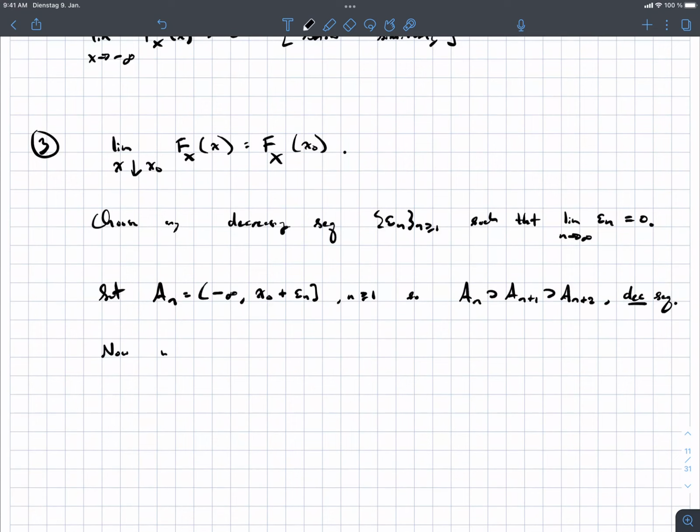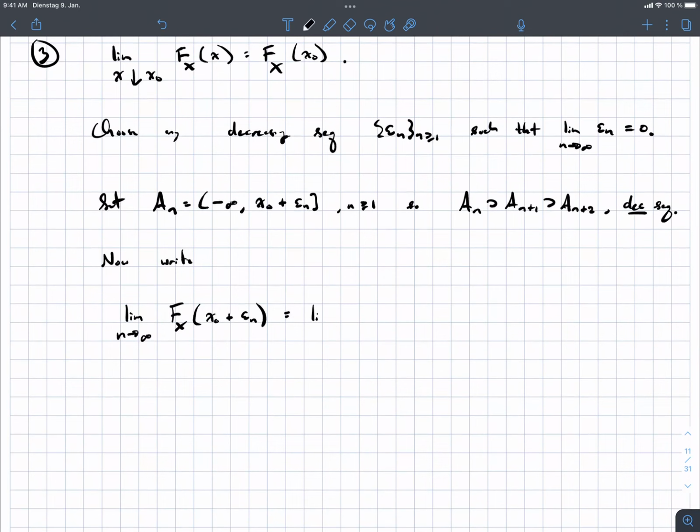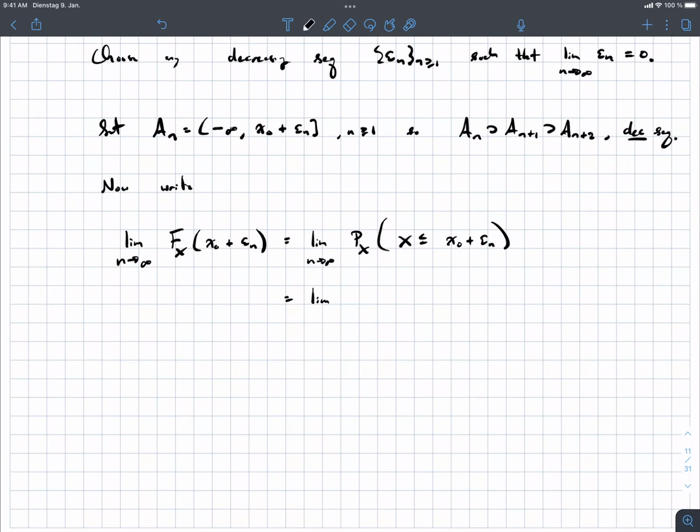Now we can write the limit as n goes to infinity of the CDF of x at x0 plus epsilon n is going to be the limit as n goes to infinity of the probability that my random variable x is less than or equal to x0 plus epsilon n, which using these sets A, I can just say probability that X lies in this set An.